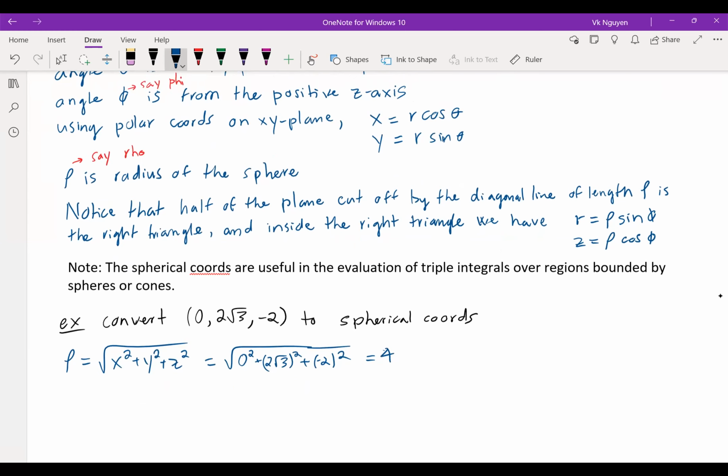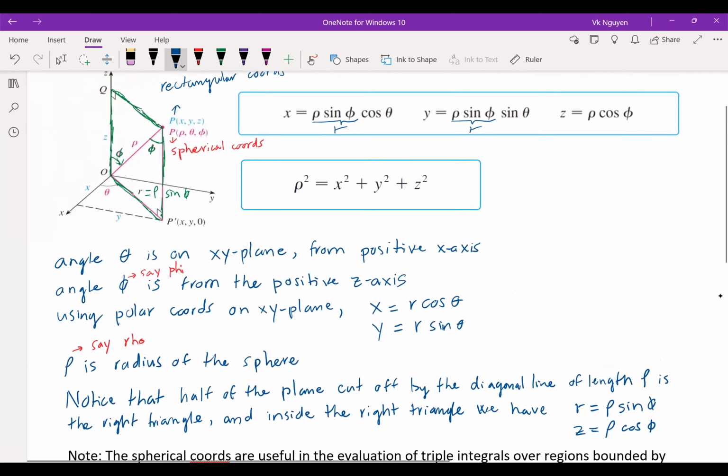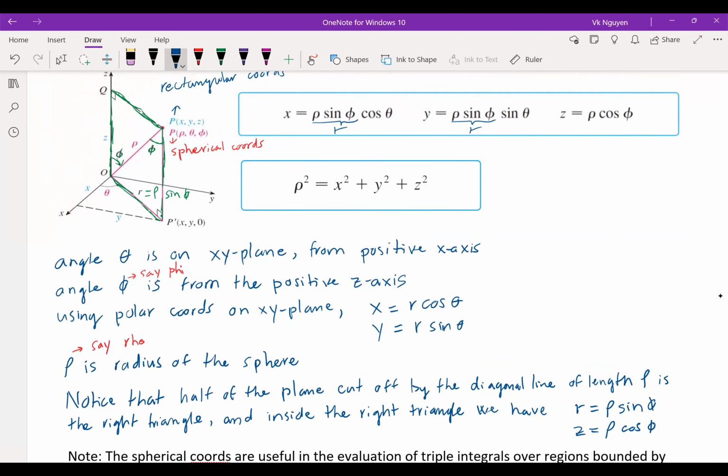The angle. So I usually do phi before theta, but you can do theta before phi, doesn't matter. So the angle phi, look at the angle phi here. If you look up here, you can figure it out. Use this formula, use the z.